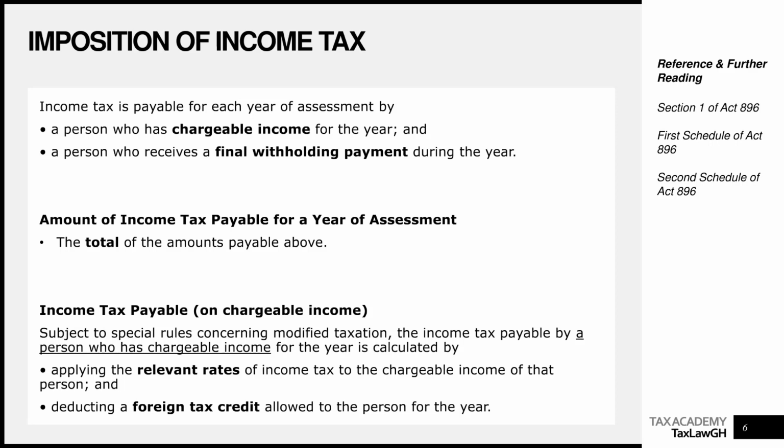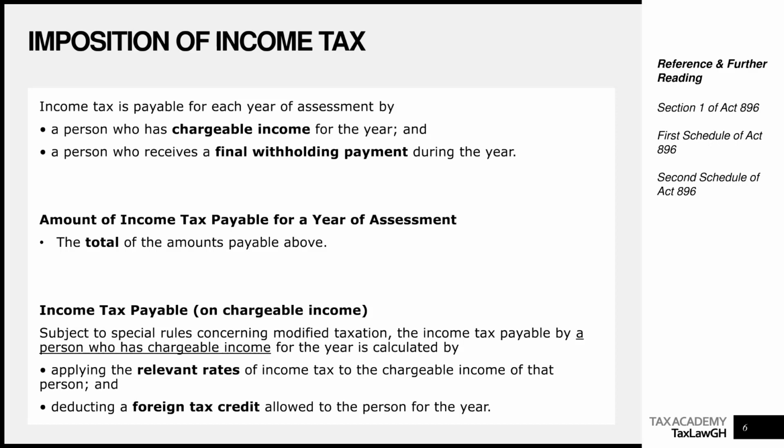When we treat international tax, we would look at this in more detail. But a foreign tax credit, what you can take away from here is that it is possible for a person to earn income outside Ghana and be taxed on that income outside Ghana. As you realize in our subsequent sessions on residents, if you're a resident individual, you end up being under a system called the worldwide system of taxation.